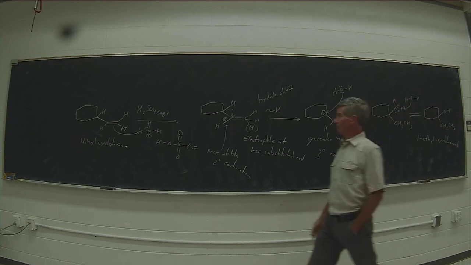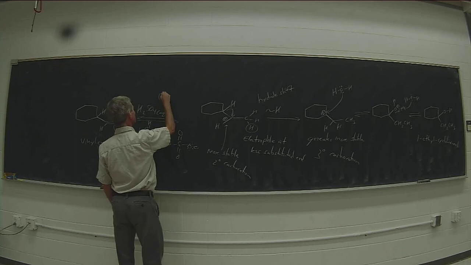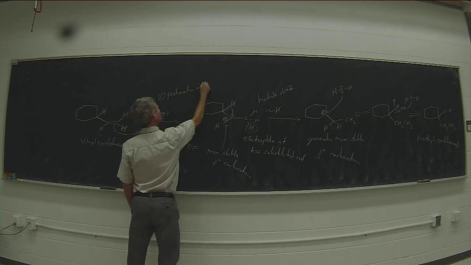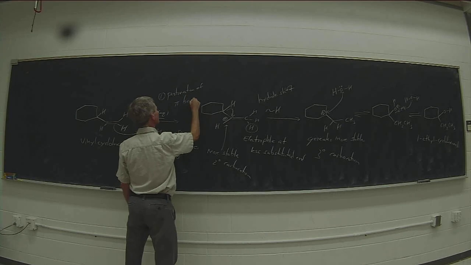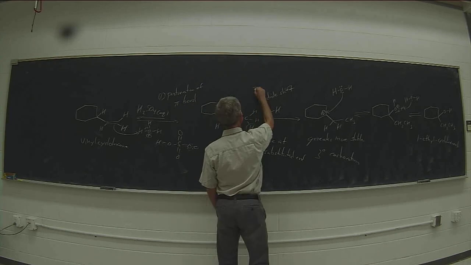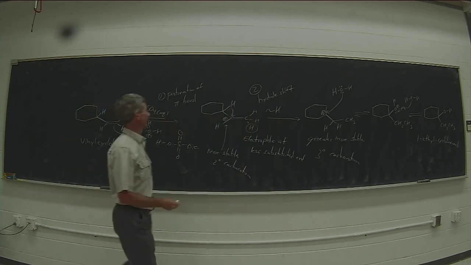So in this case, we have a four-step mechanism. We have the initial reversible protonation of the double bond to generate a carbocation intermediate, we then have the hydride shift to result in a more stable tertiary carbocation.